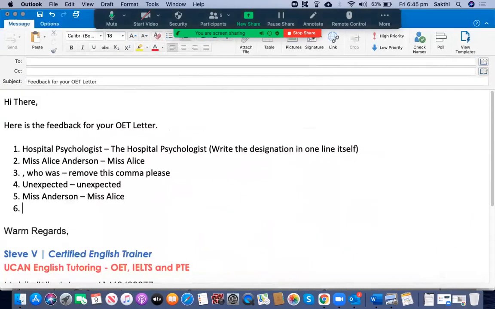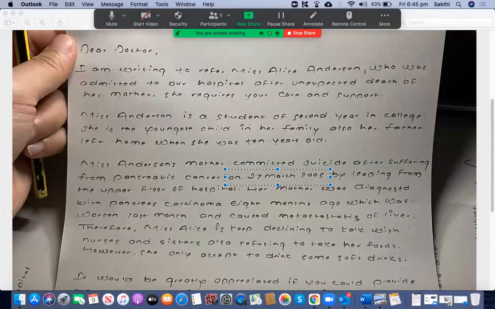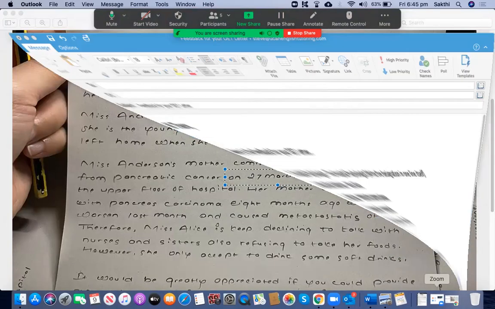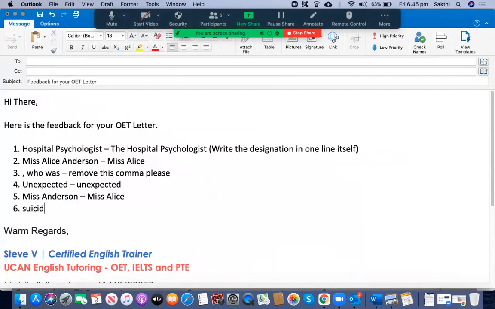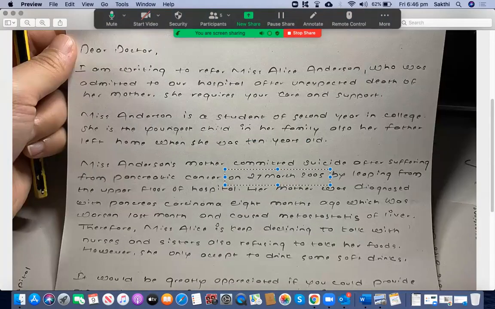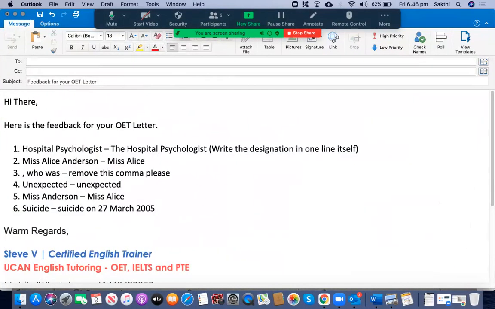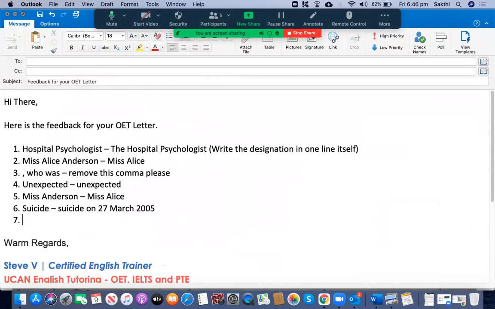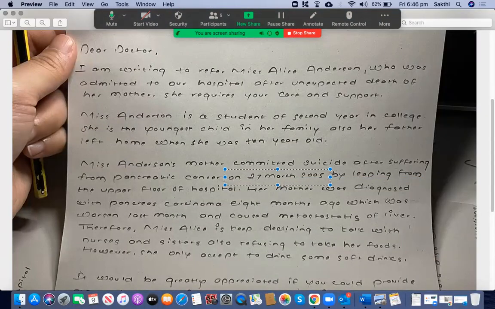Committed suicide on 27 March 2005. Is that 2005? Yes, sir. Okay, 27 March 2005. And the M must be in capital letter. The way you have written is wrong. You have written a small m. That's not correct. So write like this: suicide on, and then after suffering from.